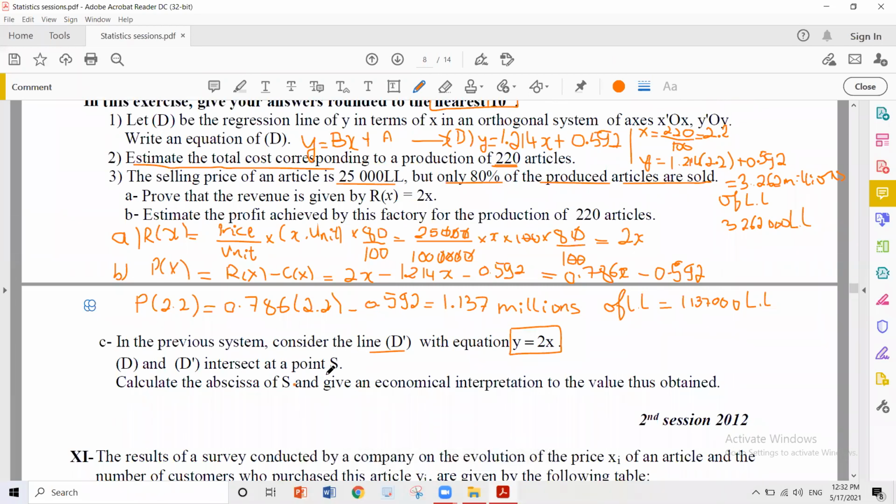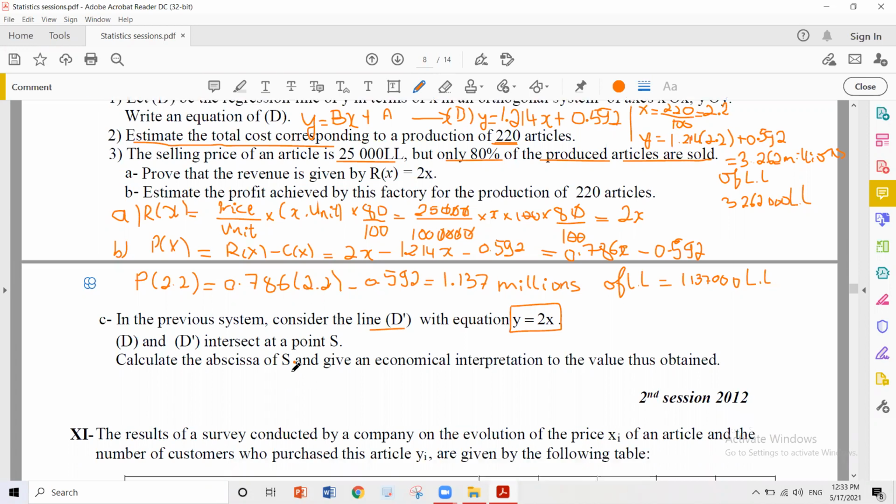How to calculate the abscissa of S? How to find the intersection between two lines? Yes, صبايا. George, كيف نلاقي the abscissa of the point of intersection.